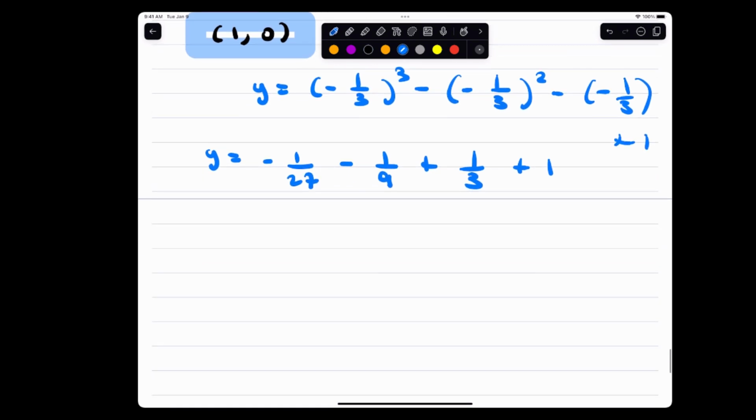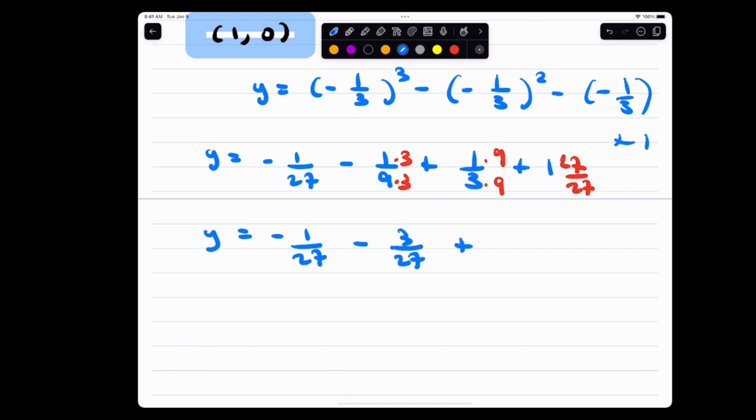Do you guys know what the LCM is? So multiply this by 3. 9. This is 27/27. Is that right? So we get negative 1/27 minus 3/27 plus 9/27 plus 27/27.